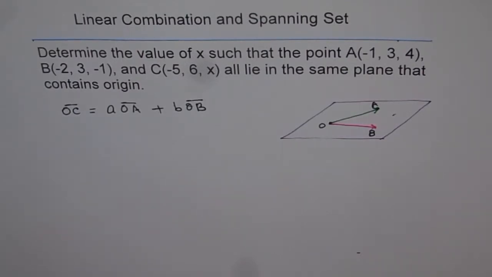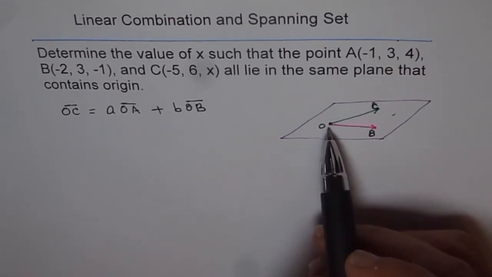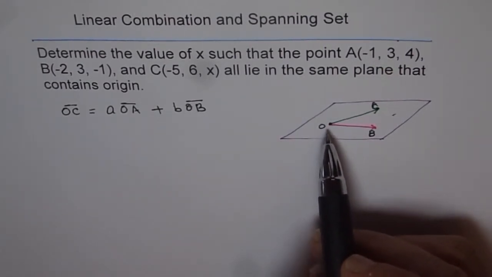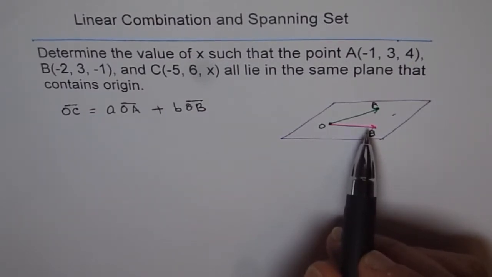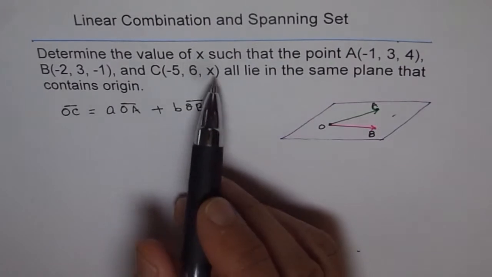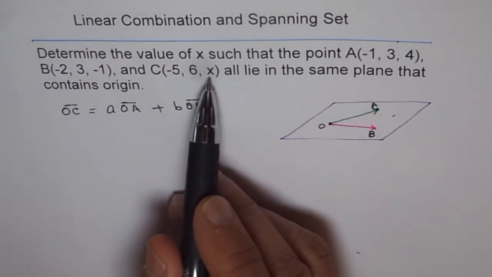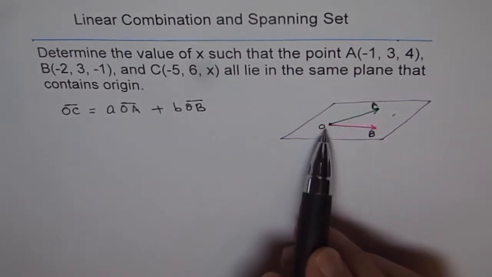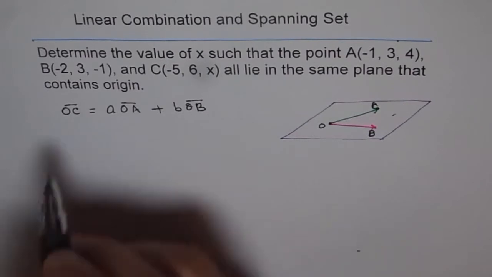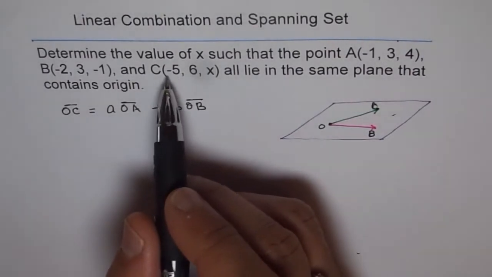Given two vectors in R3, or rather three points because we are given the origin also, they can span a third vector only if it lies in the same plane. Otherwise it cannot span. That is the whole criterion here. So now let's solve and get the value of x, that is, for what value of x will point C lie in the plane which contains OA and OB. OC is from the origin to this point.